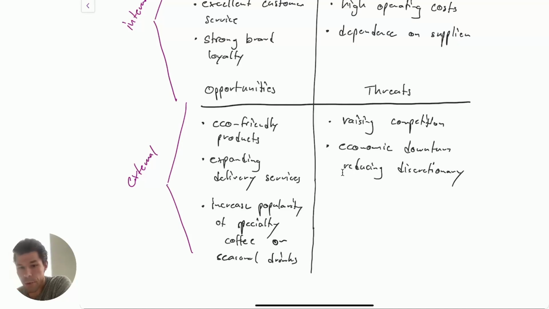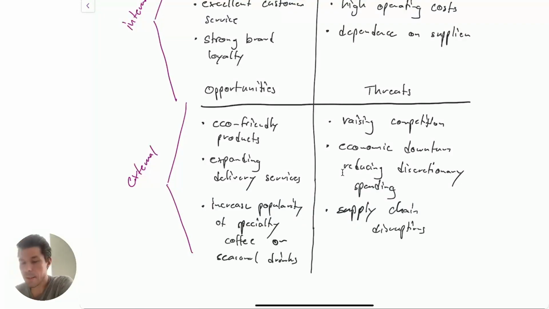What is discretionary spending? Discretionary spending is spending that you don't necessarily need for your living. So additional spending. So maybe people are saving more. And then maybe some external threats could be supply chain disruptions due to several reasons, and maybe availability of premium coffee beans.